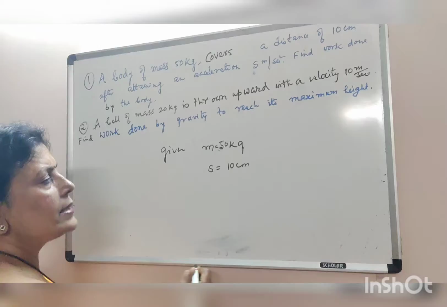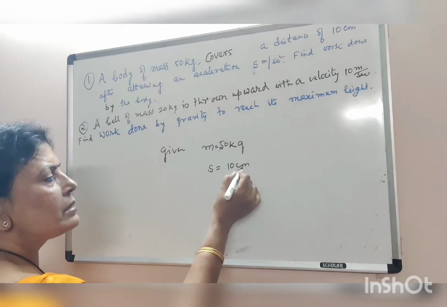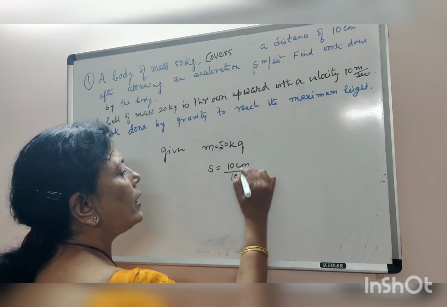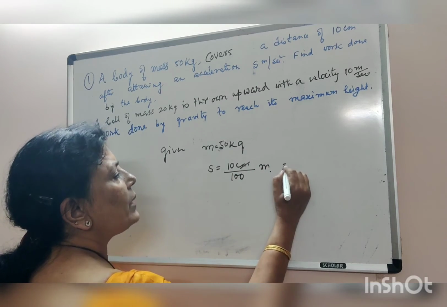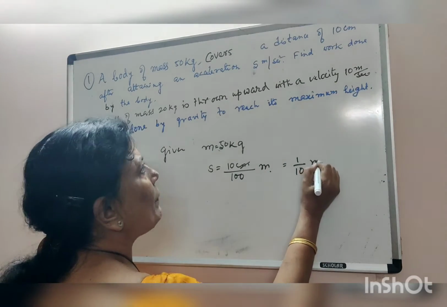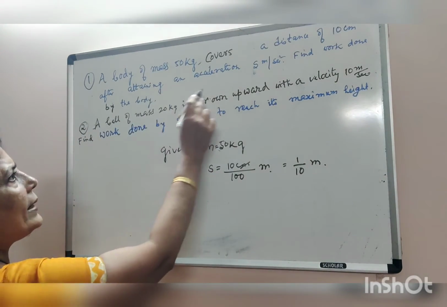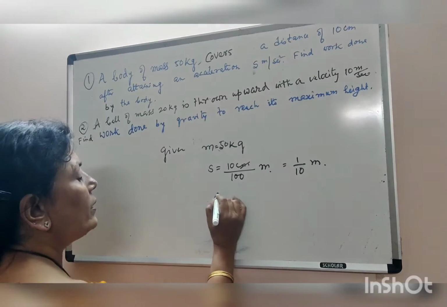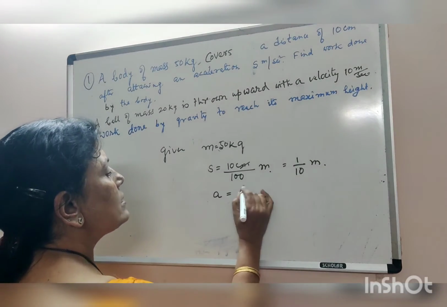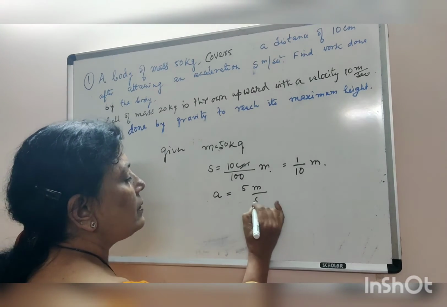Centimeter is not an SI unit, so you have to convert centimeter into meter. So 10 centimeter divided by 100 is equal to 10 by 100, that is 1 by 10 meter. Then after attaining an acceleration of 5 meter per second square, acceleration is denoted by a. So according to the question, a is equal to 5 meter per second square.